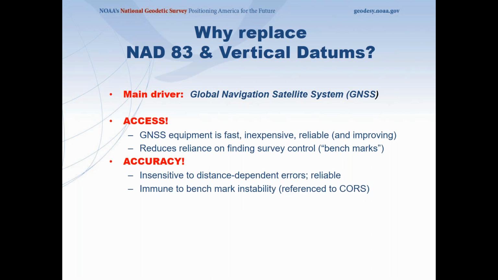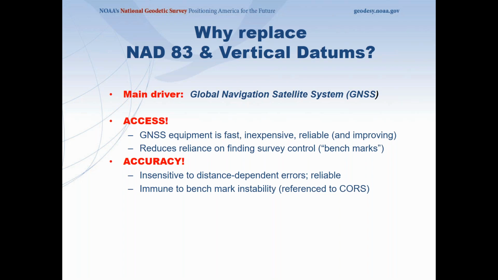Accuracy is the most important thing, because it's insensitive to distance, dependable, and reliable. In other words, with traditional surveying methods, we could only go as long as the line of sight.